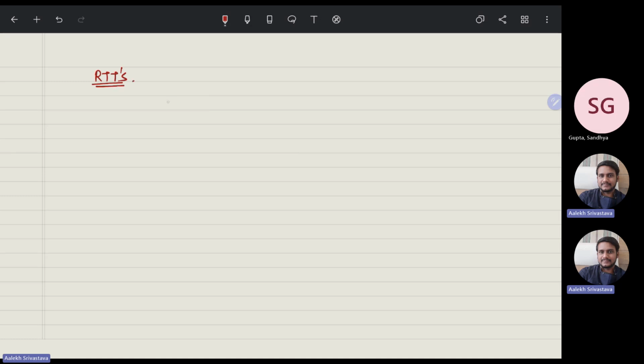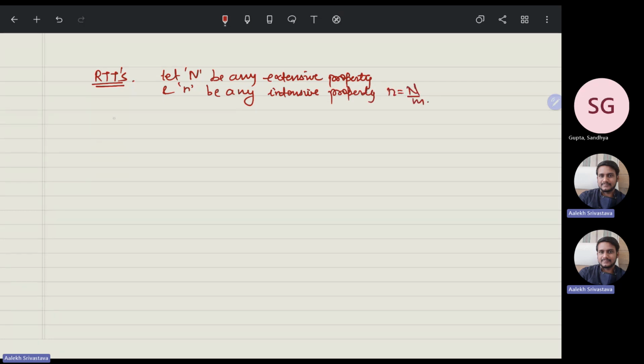What RTT says, for any extensive property, let capital N be any extensive property, and small n be any intensive property, that means small n is equal to capital N by M. Therefore, if I say I have two forces, one force is the control surface integral of tau ij dot n cap dA.